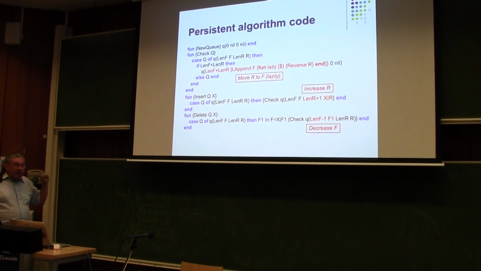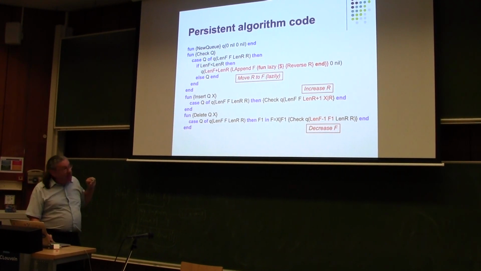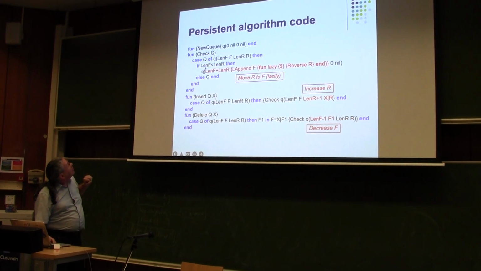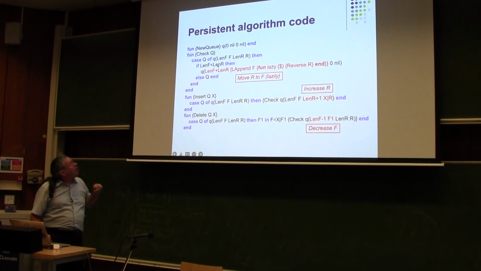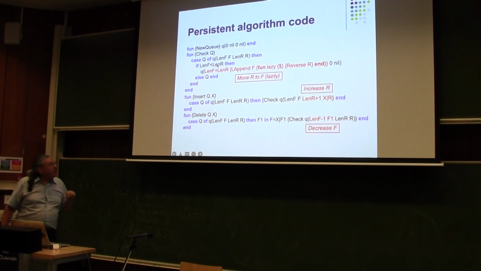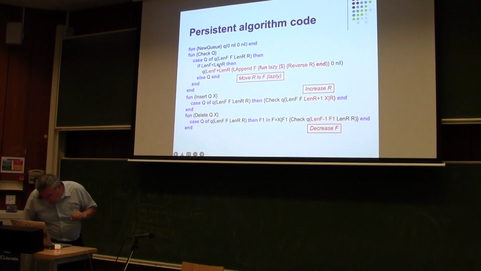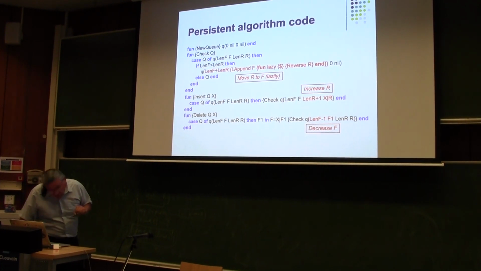And the whole trick of this approach is this condition here. When do I create the lazy suspension? Well, I do it when the length of F is less than the length of R. That's a weird condition, so the trick is you want to understand the condition.